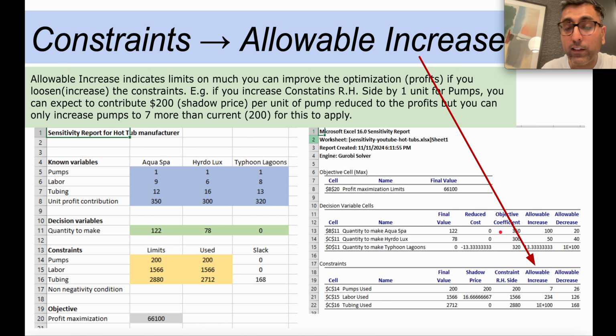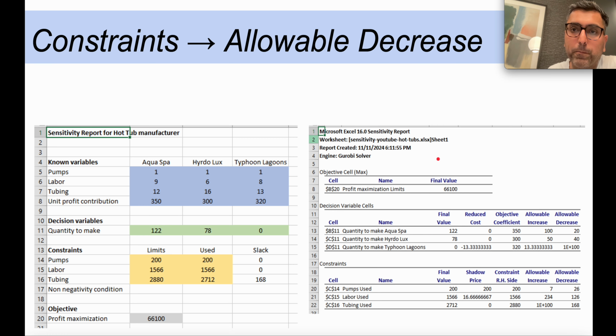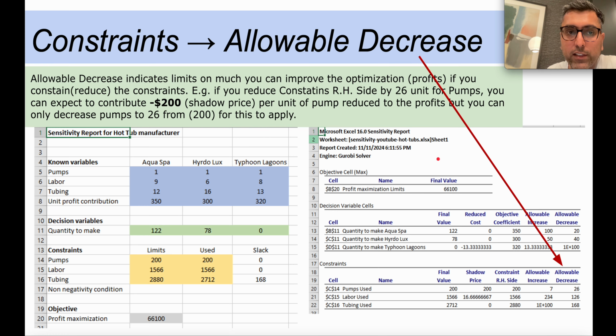Just say, hey, I'm going to rerun this report and see if I still get my decision variables to be the same, or if it changes, and what's the impact on my output variable. It's the same for allowable decrease. Remember, it reduces the optimization function, or in this case profits, by $200 for every unit of pumps that you reduce. Similarly, it would reduce $16 for every hour of labor that's reduced, within these limits.